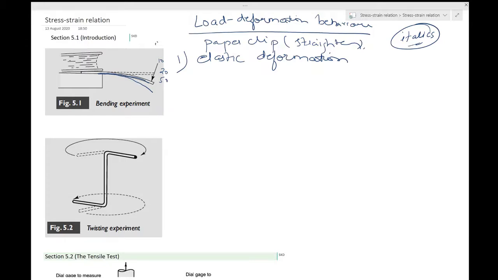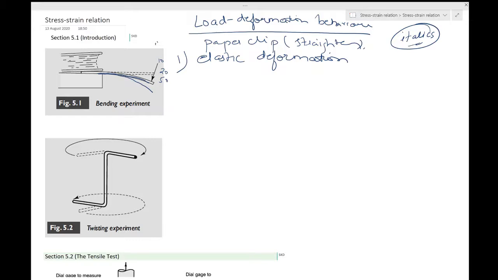Now you keep on increasing your load, and eventually you will see that the deformation keeps on increasing. This is something which you should observe. You can take one value, release it, let it come back, take a second value, release it, come back, and so on, and you will see that the deformation is increasing each time. So now release the wire.